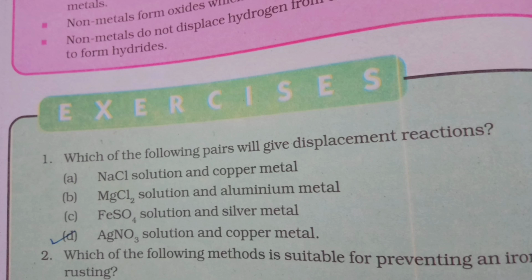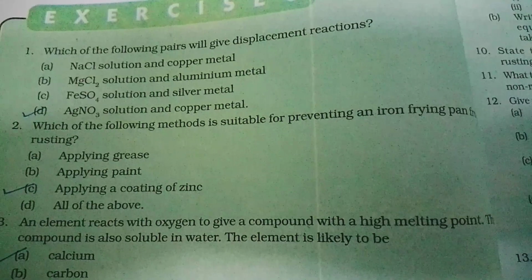Similarly, in B, aluminum is less reactive than magnesium, and in C, silver is less reactive than iron, so there will be no displacement reaction. So the answer is option D, silver nitrate solution and copper metal will give displacement reaction.